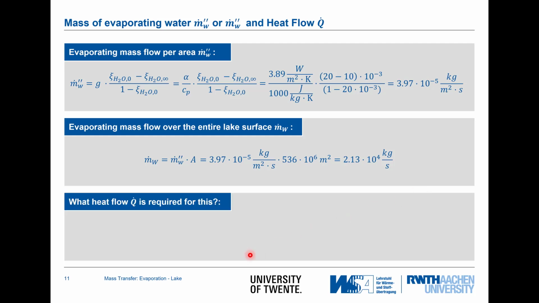And which amount of heat is required for this? Well, the amount of heat is water mass flow rate times enthalpy of vaporization. And for this, I just took 2,500 kilojoule per kilogram. The value is from above here, and we end up with 53 megawatts as the amount of heat required.